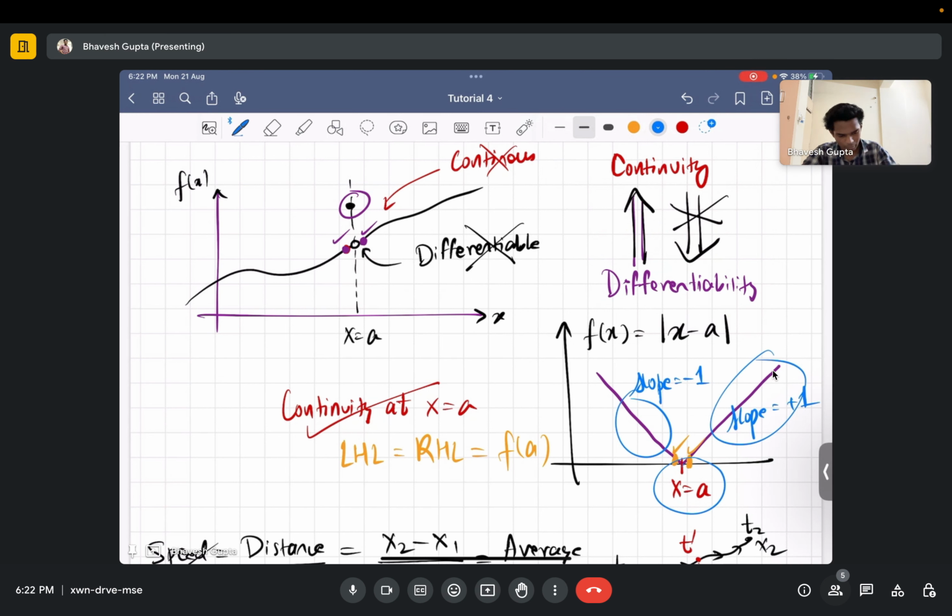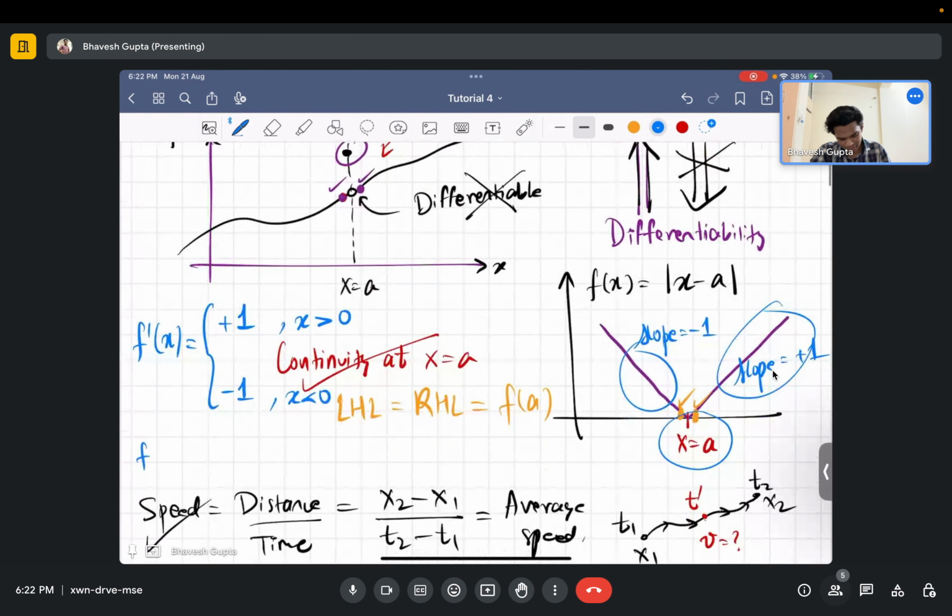So if we talk about f dash of x in this case, it turns out to be plus 1 in the case when we have x greater than 0, and minus 1 in the case of x less than 0. Let me write this way: the derivative at x is not defined.